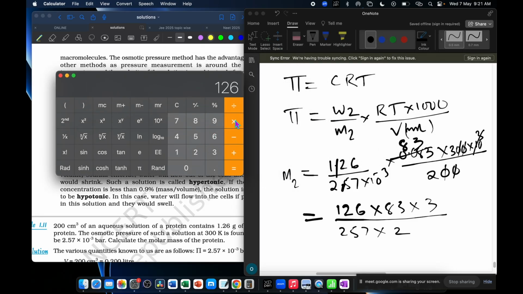One 26 times 83 times 3, divided by 257 times 2.